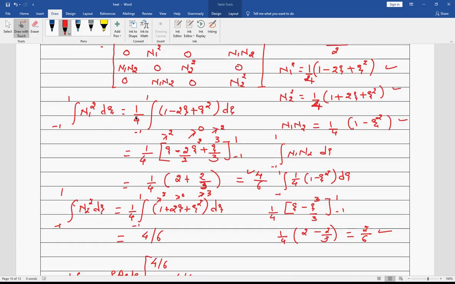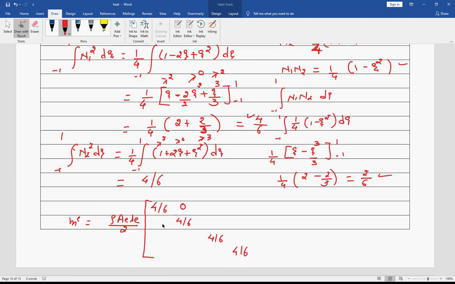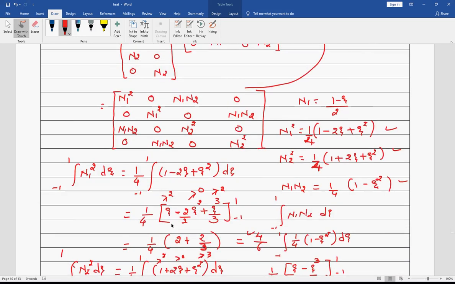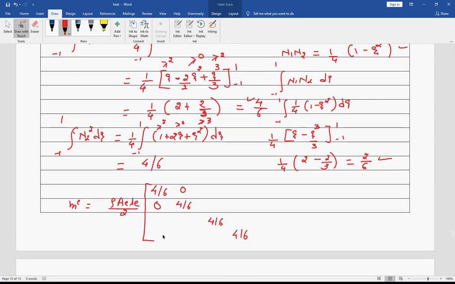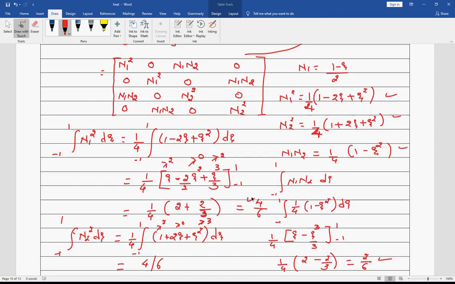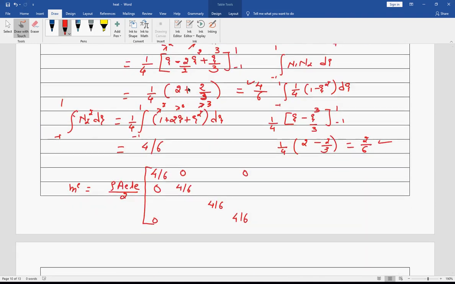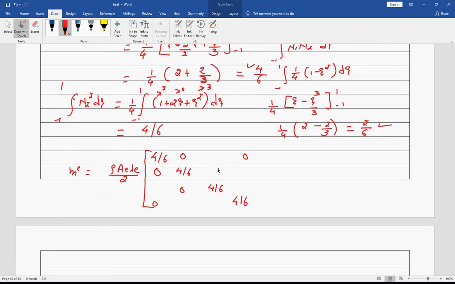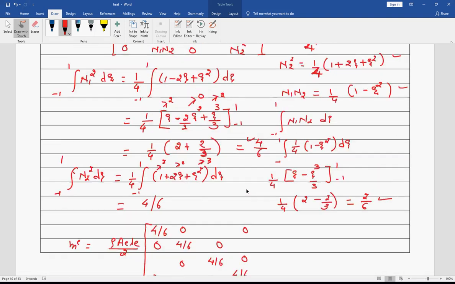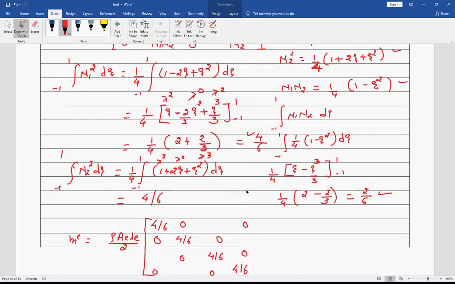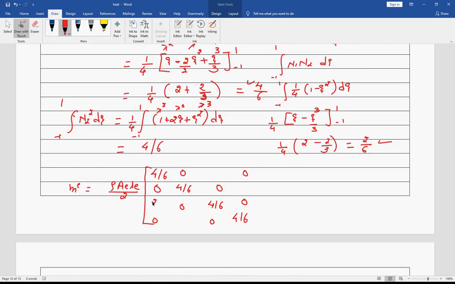The rest of the terms are 0, so I just fill up the 0 terms first. Then the diagonally opposite terms are 0. Okay. Now the rest is N1 N2, which is 2 by 6. So I put 2 by 6 in each of those places.